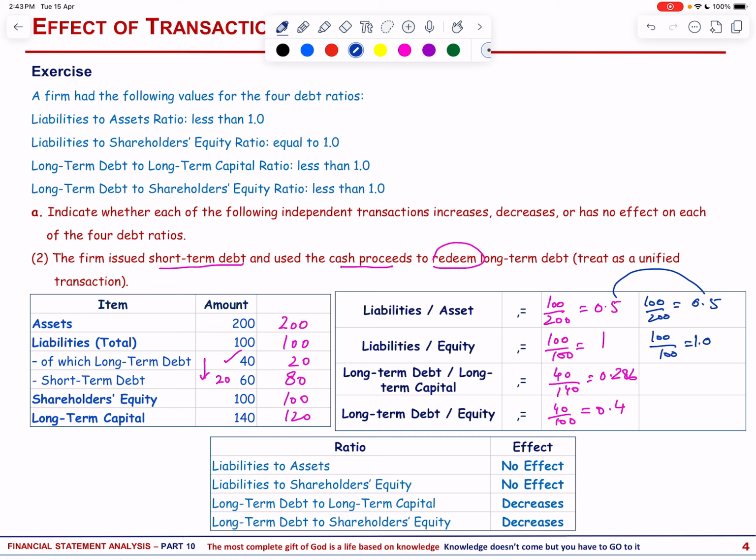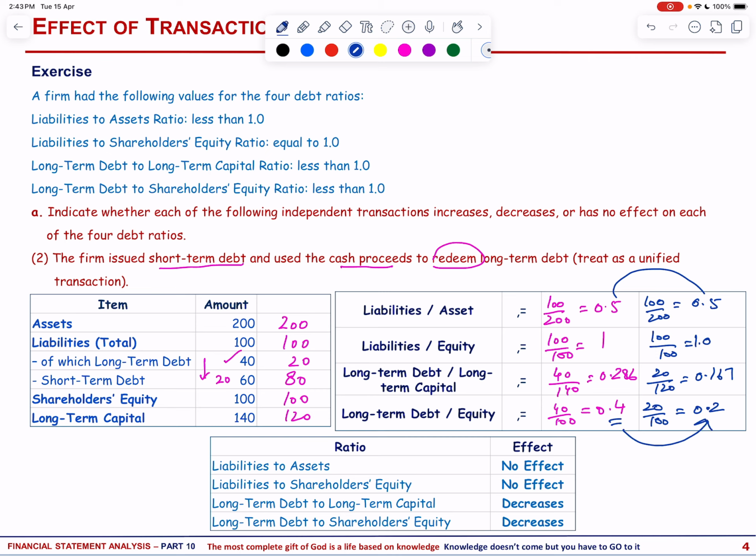And then the long term debt to long term capital is going to be 20 over 120, that is equal to 0.167. And the long term debt to shareholder equity will be 20 over 100, that is equal to 0.2. So this also decreases from 0.4 to 0.2.